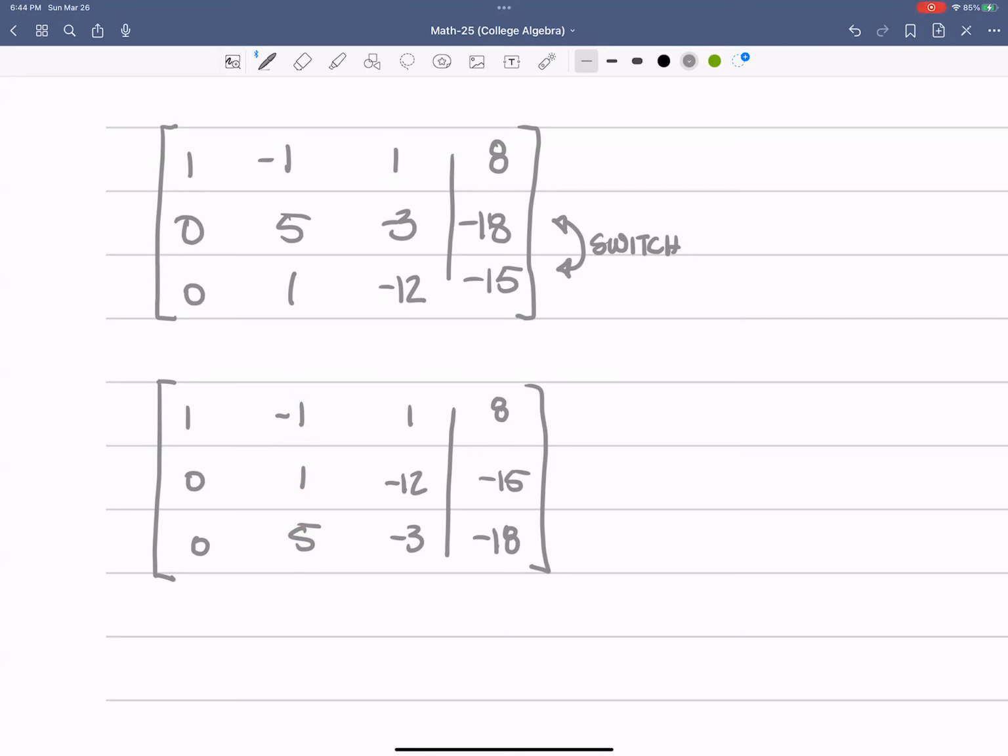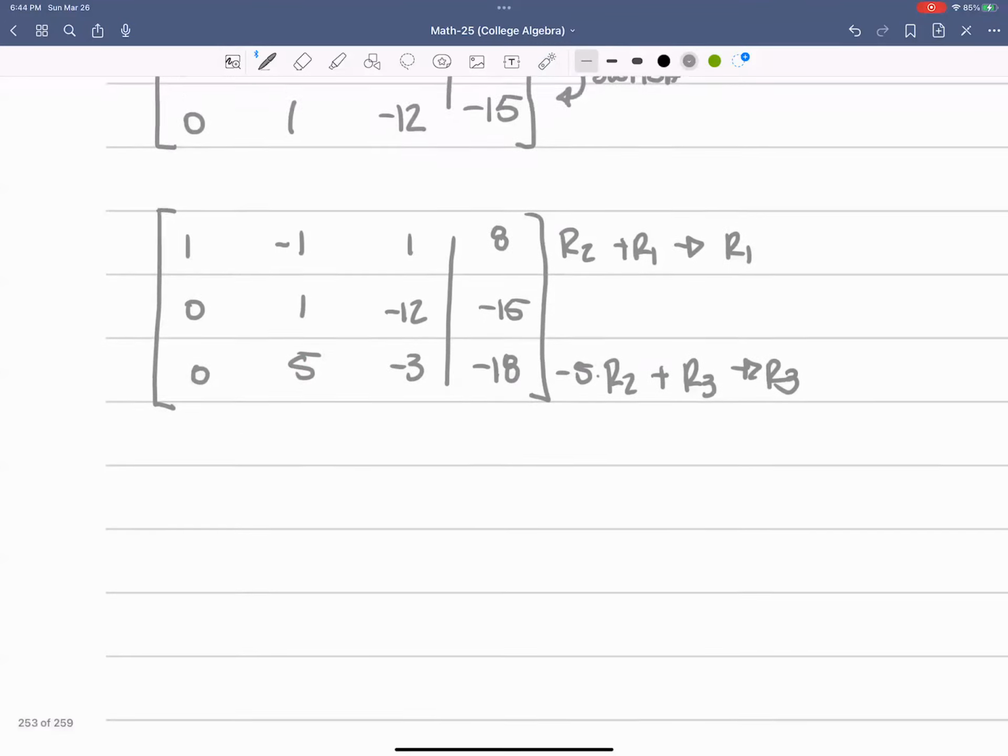So we could just write down row 2, plus row 1 for the new row 1. And we're going to turn this one into a 0. The opposite of 5 is going to be -5. So -5 times our working row, row 2, plus our row that we're manipulating, row 3, for the new row 3.